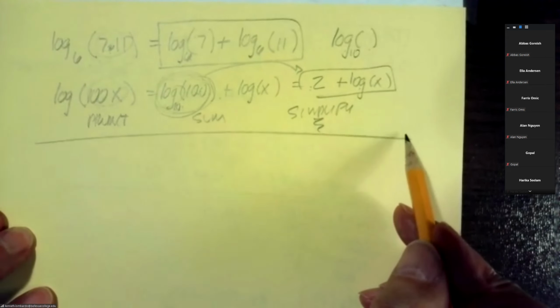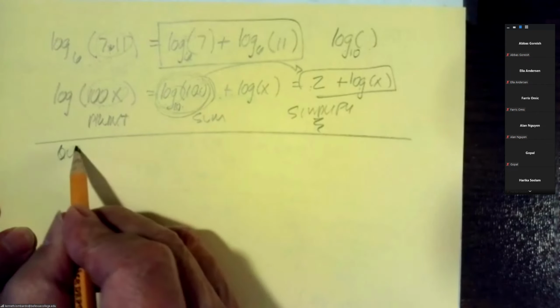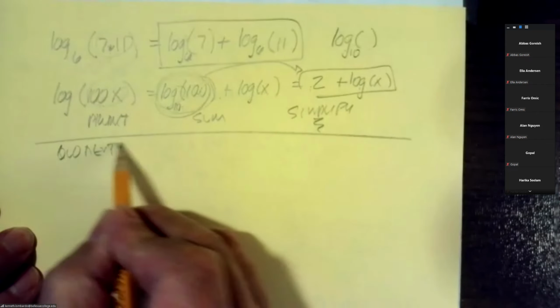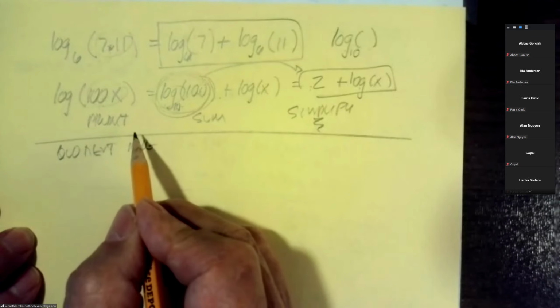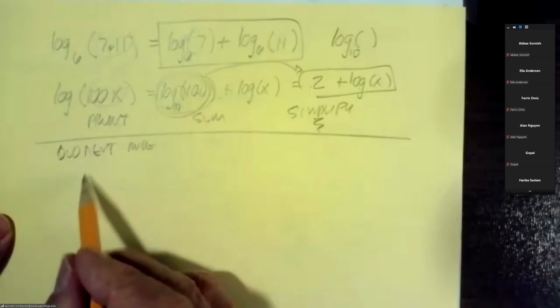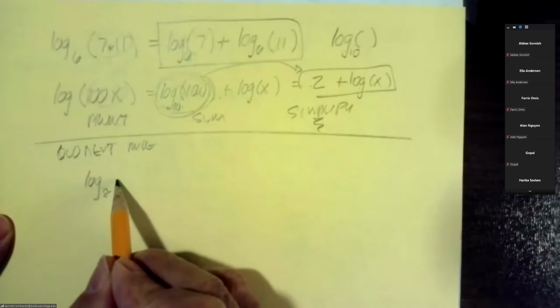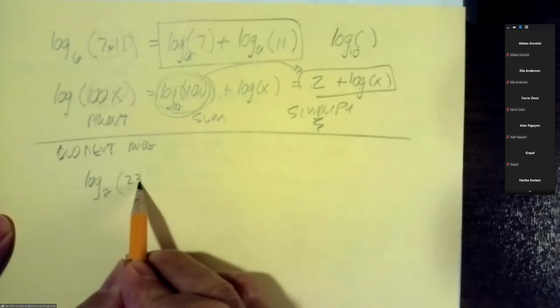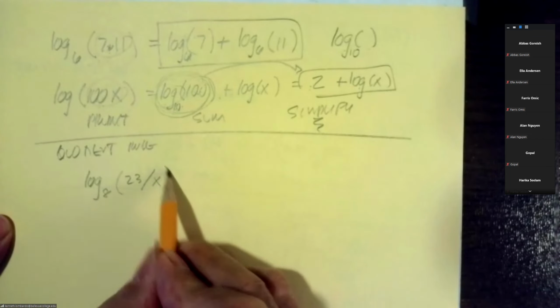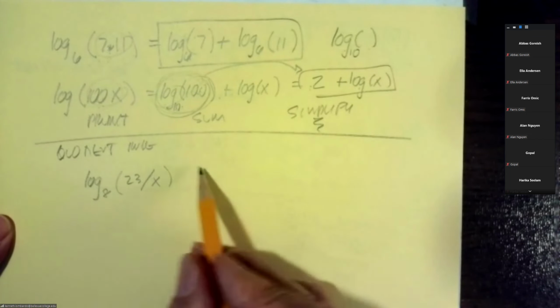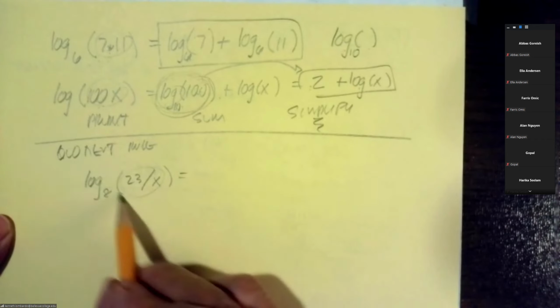Okay. I might have a quotient rule. Let's see some examples of that. So I might say, given log base 8 of 23, for instance, divided by x. And I'd say, well, this is a quotient.